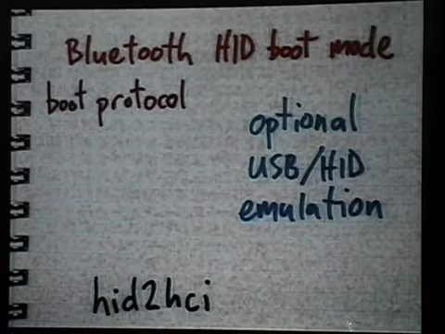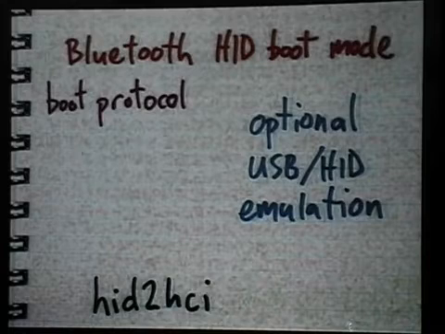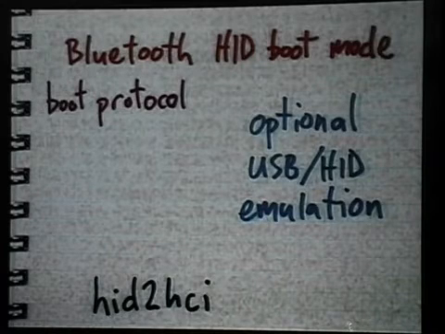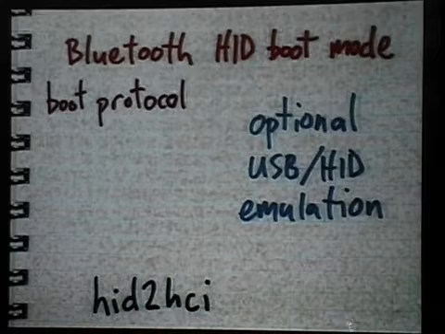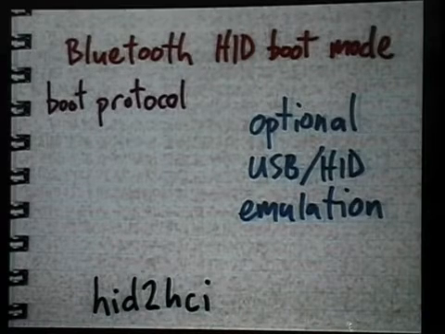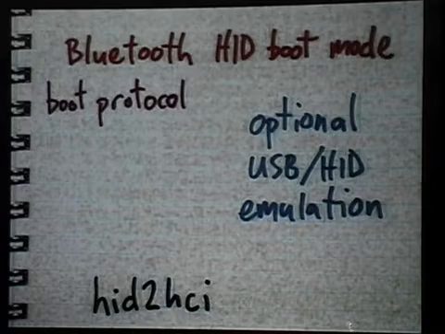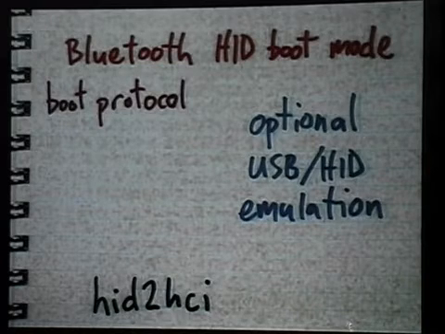When a device is in boot mode, or in particular when a dongle is in boot mode talking to a device, it's using the boot protocol to talk to the device, and it's also probably using USB emulation. So what it does is it tells the host computer, hey, I'm a USB keyboard. It doesn't tell it, I'm a Bluetooth adapter.